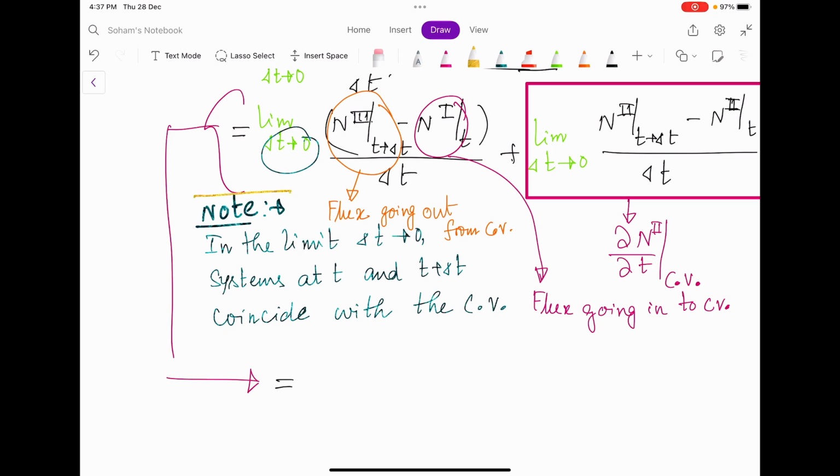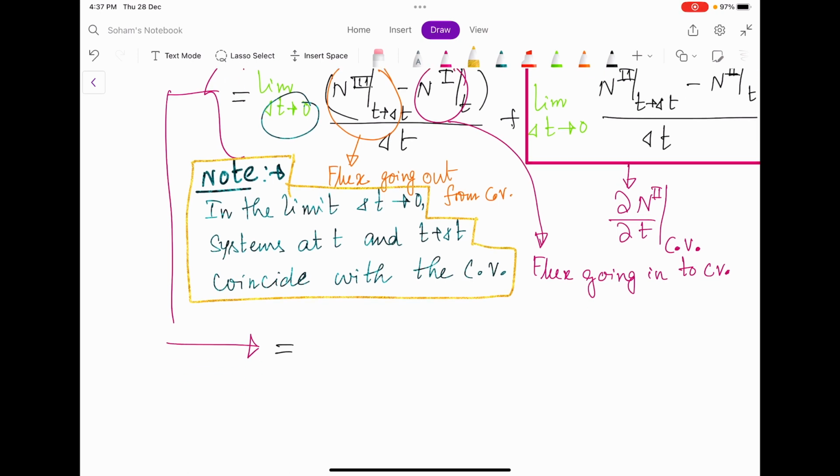So now directly I can write this as the flux going out, n dot out, minus n dot in, plus del n del t of CV.